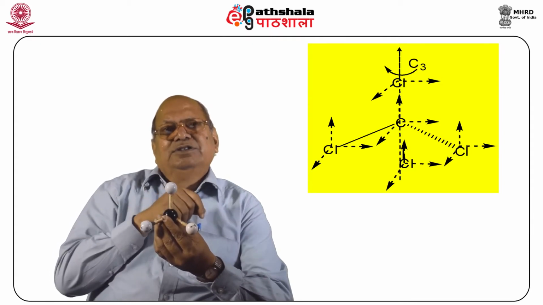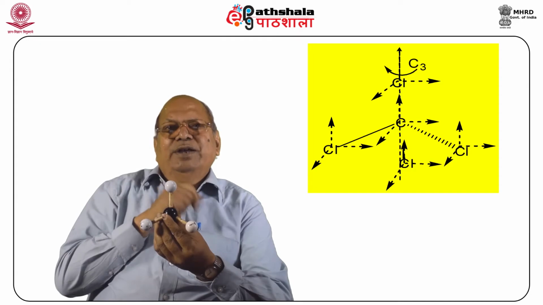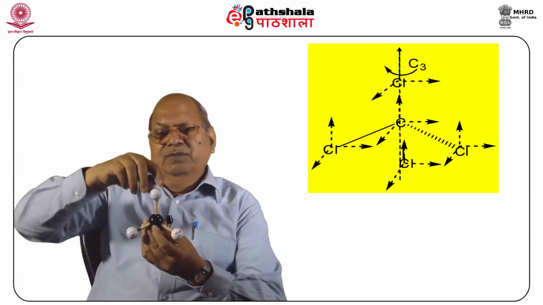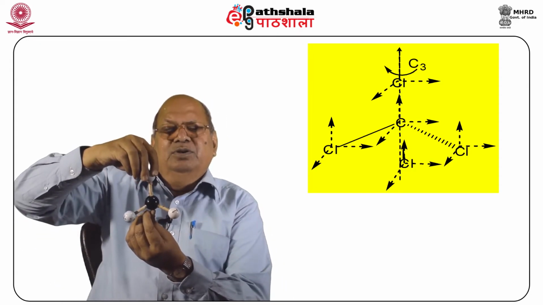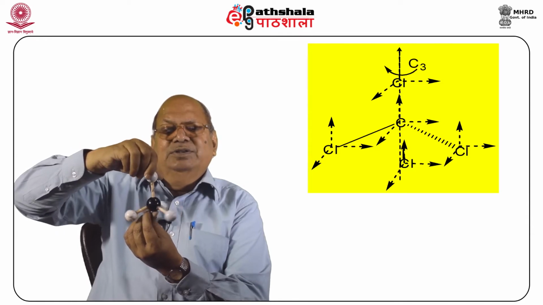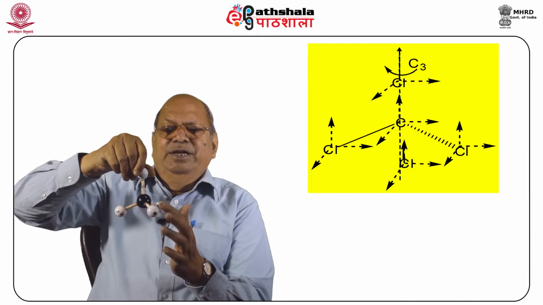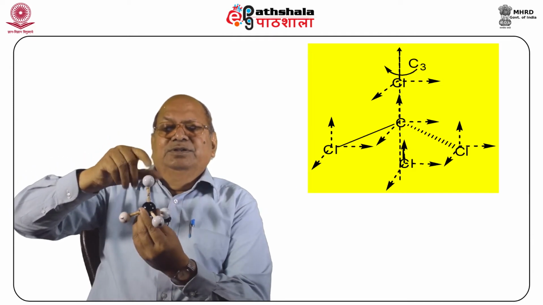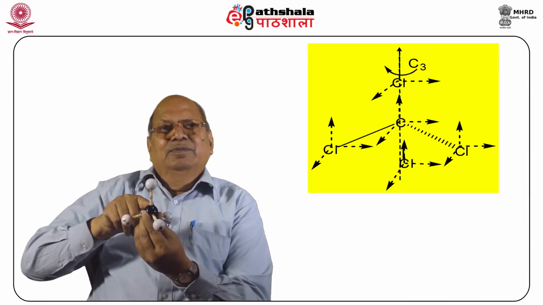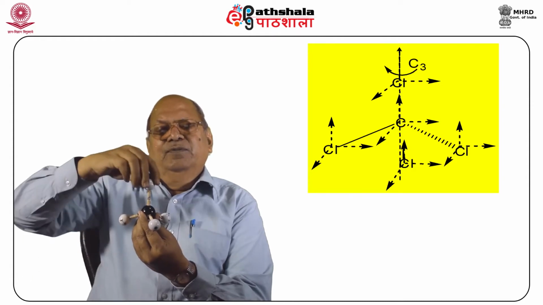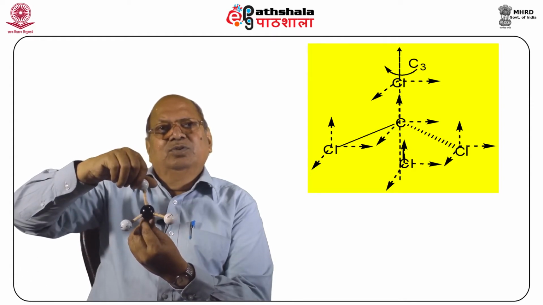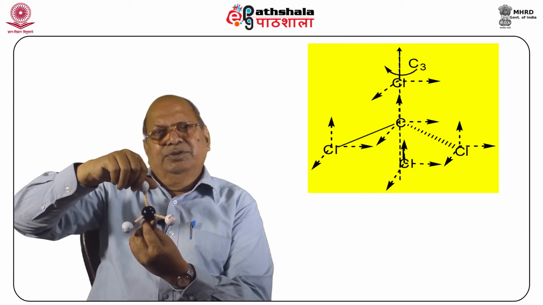And now I will see how atoms are shifted. If I perform a C3 operation on this molecule like this, how many atoms are shifted? Only these and these are shifted, this and this do not shift. So if I carry out a C3 operation, only 2 atoms are not shifted.